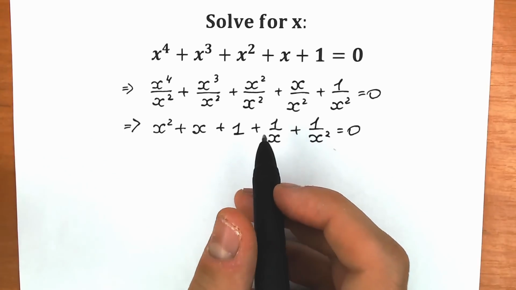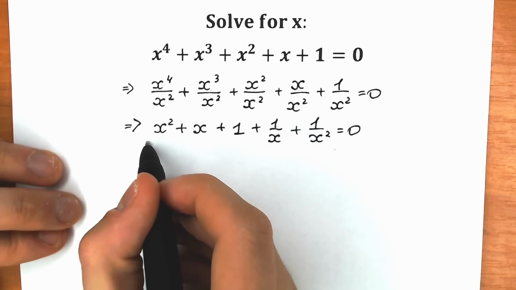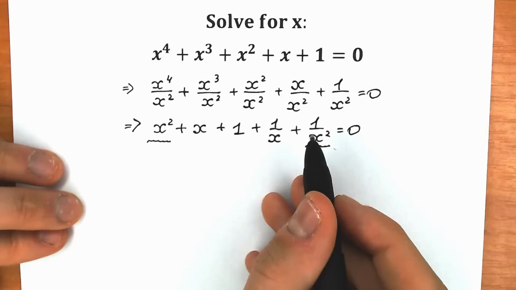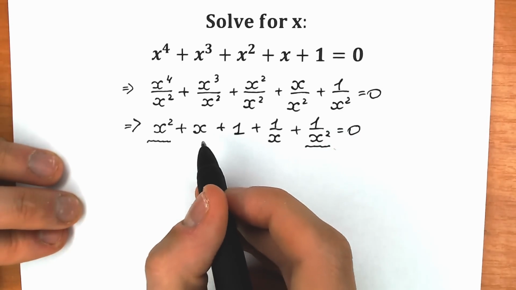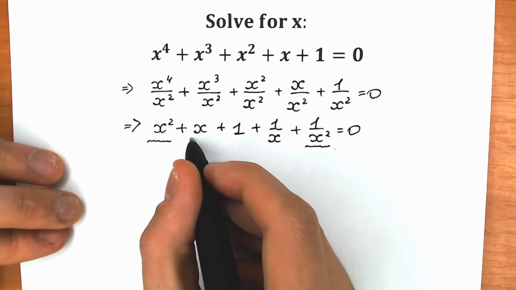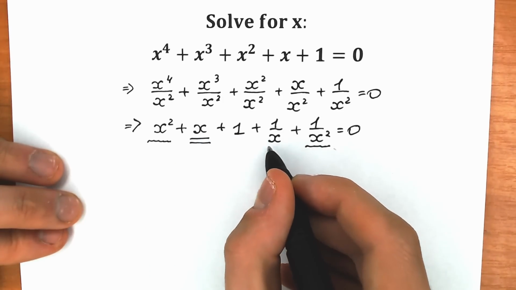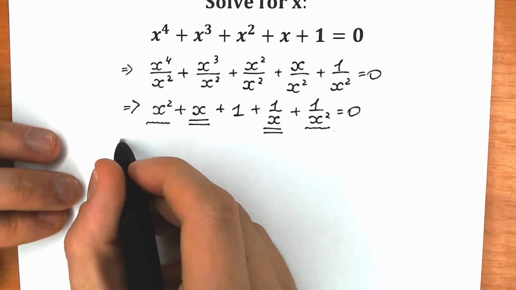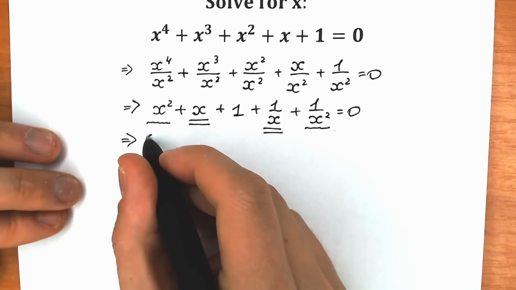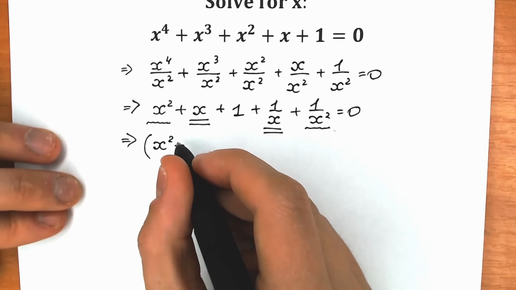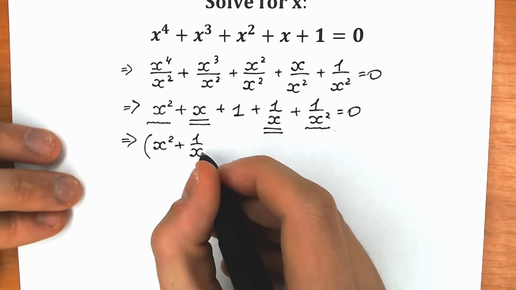Right now let's try to group. Right here we have x squared, and right here we have 1 over x squared. Let's group these two elements, and in the same way let's group this x and 1 over x. So as a result, in our parentheses we have x squared plus 1 over x squared.